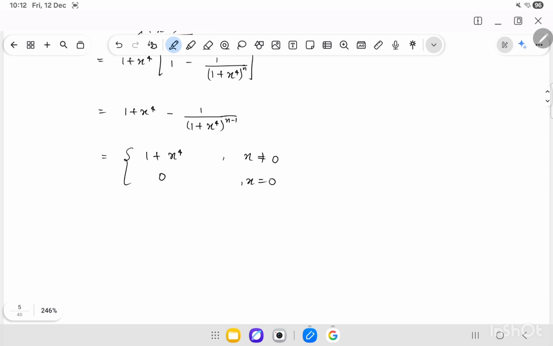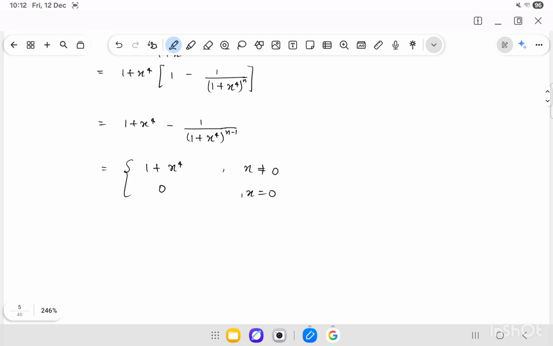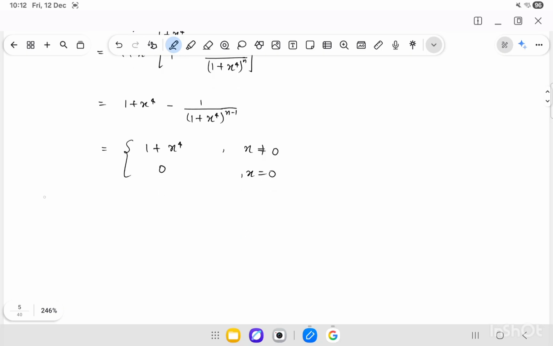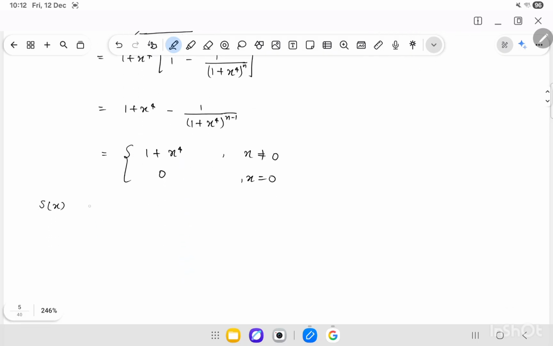So from here you can see that the nth partial sum is basically a discontinuous function at x equals 0.